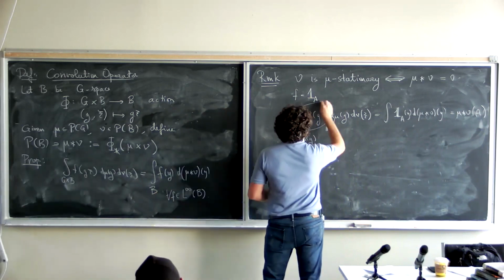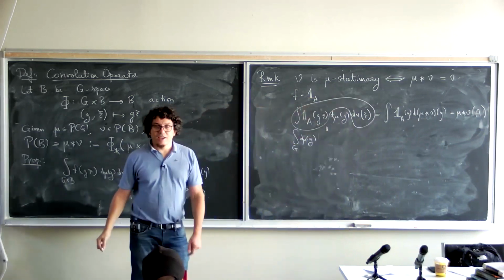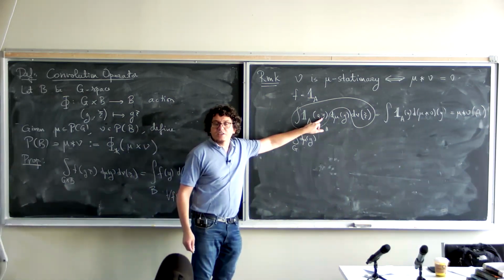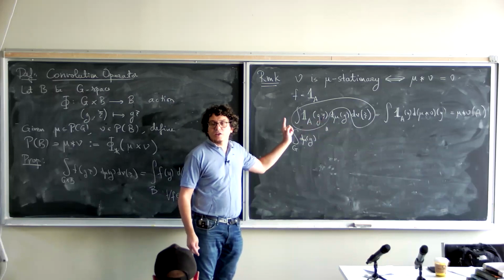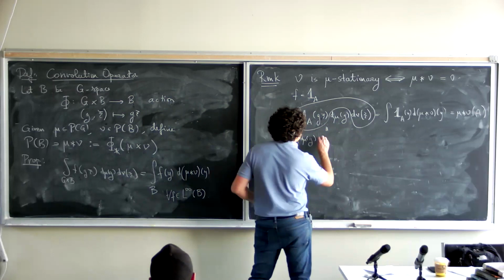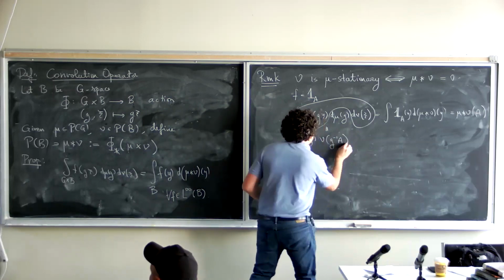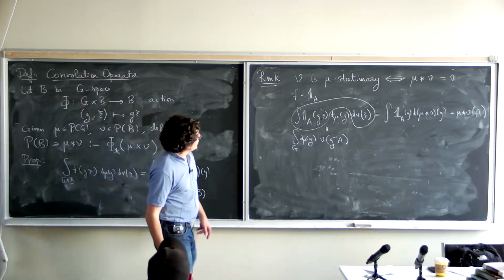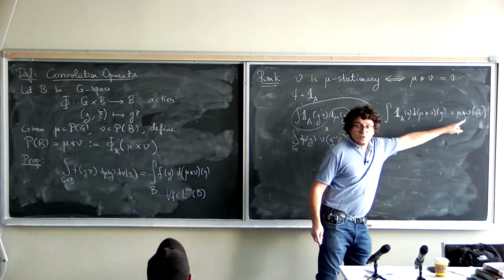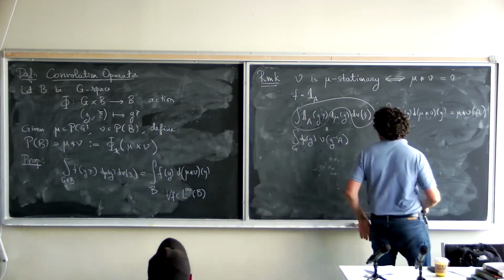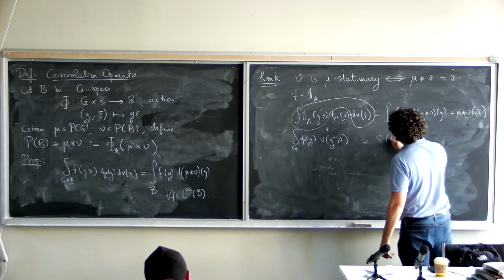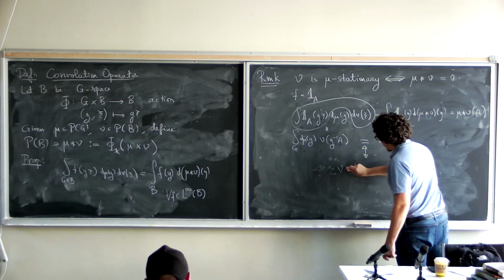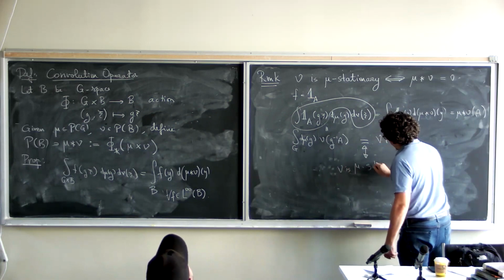And then you think of this guy. What is the characteristic function of g psi? It is the characteristic function of g inverse A. So this is mu of g inverse A. So this one is the push forward. And so this is equal to nu of A. But this is if and only if nu is mu stationary.